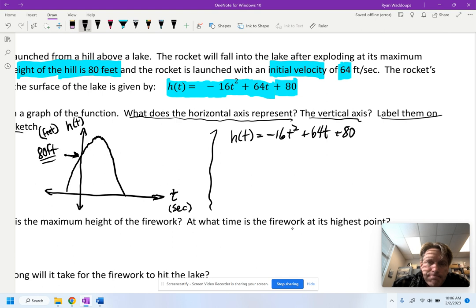Remember, the x-coordinate of the vertex is negative b over 2a. And so the b value is 64. We're going to write negative 64 over 2 times a, and a is negative 16.